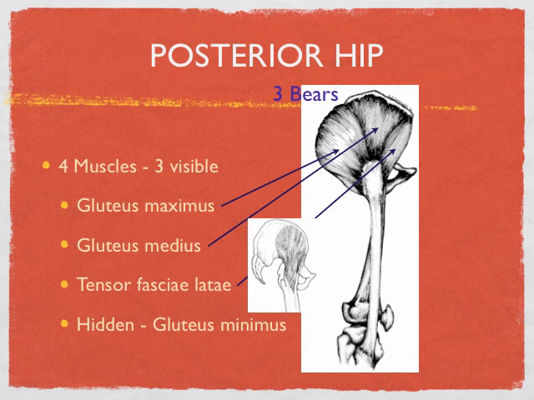Anyway, this reminds me of that because I want to say this is the story of tensor fasciae latae and the 3 gluteals, I guess. Anyway, the picture that I just showed you also shows you that gluteus minimus. Imagine the other 3 muscles removed. Now you can see the sacrum and more of the ilium, and you can see that the gluteus minimus sits right underneath the gluteus medius, totally hidden by it.